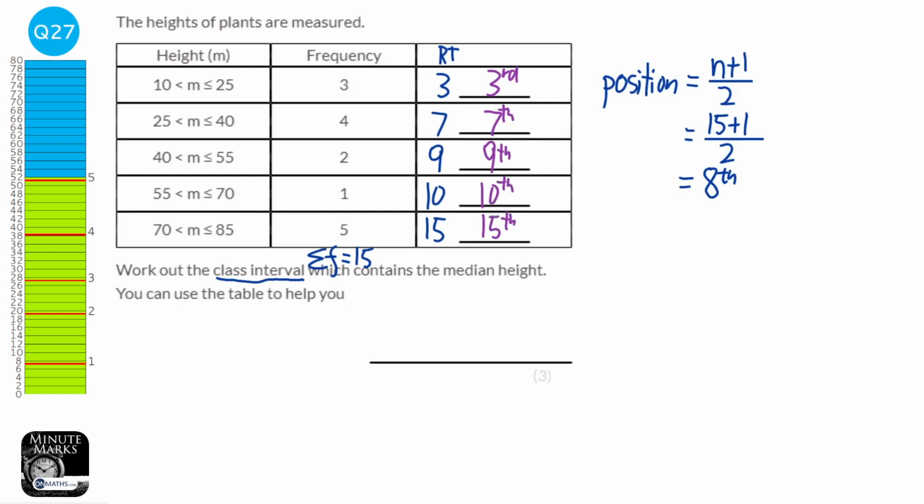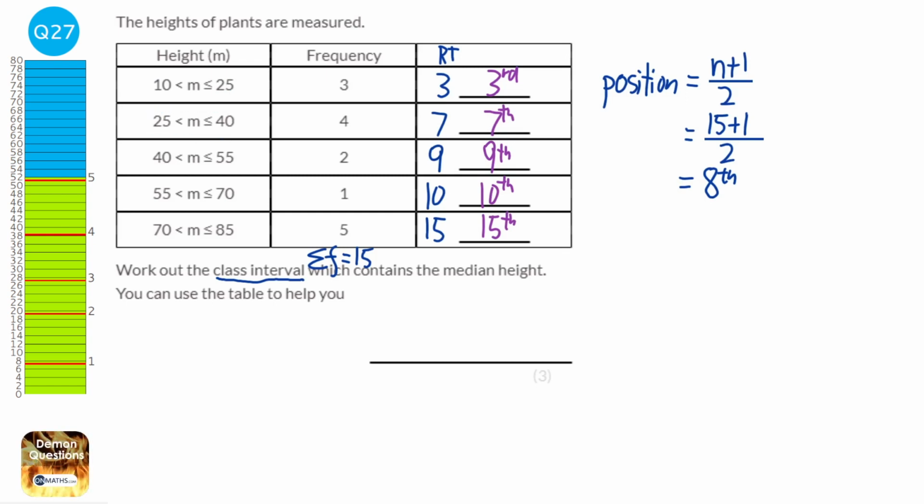So what those numbers are the last time that a number is in that group. So we've got 3 numbers that are in the group 10 to 25, and the third one is the last number in that group. The fourth one, therefore, will be in the 25 to 40 group.